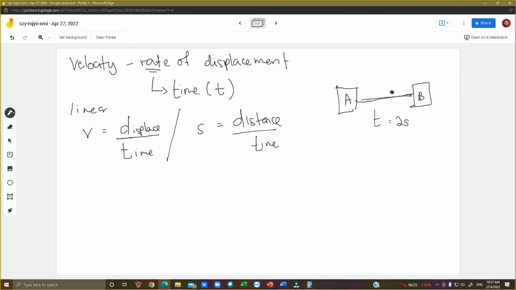The distance covered from A to B is 5 meter. So what is the velocity? Jadi V akan jadi D over T ataupun 5 bahagi 2. Kita dapat 2.5 meter per second.